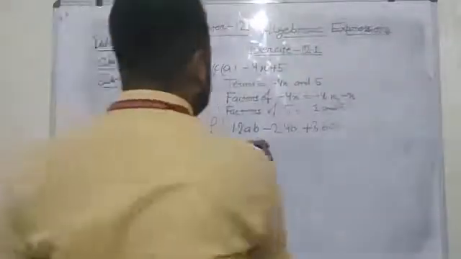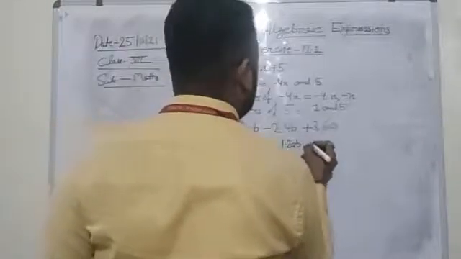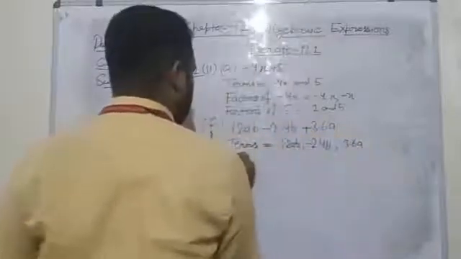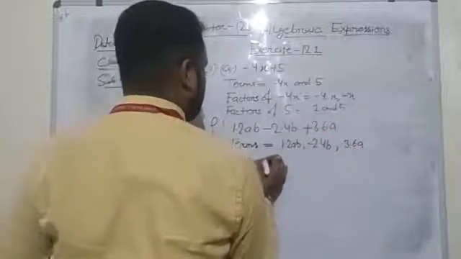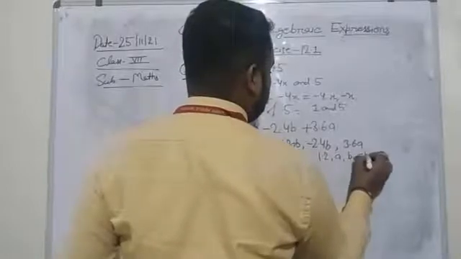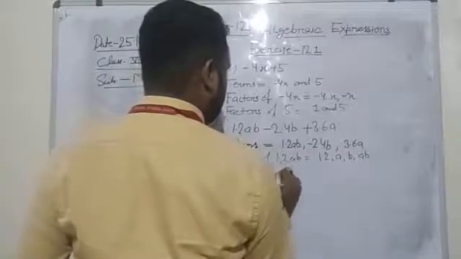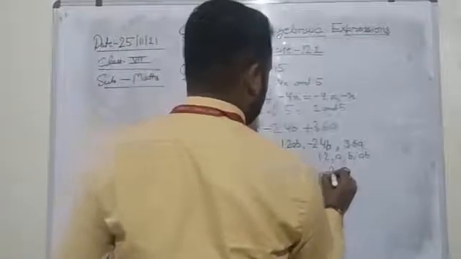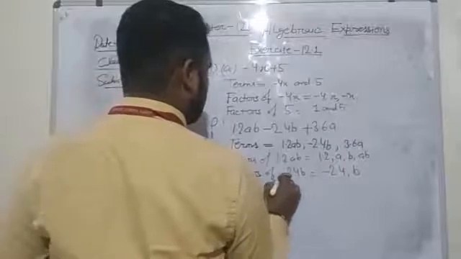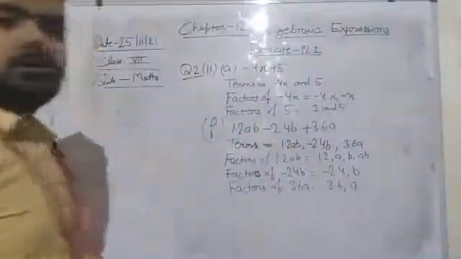And in this, the terms are 1.2ab, minus 2.4b and 3.6a, and the factors of 1.2ab are 1.2, a and b, and the factors of minus 2.4b are minus 2.4 and b, and the factors of 3.6a are 3.6 and a. Now you all can note it down.